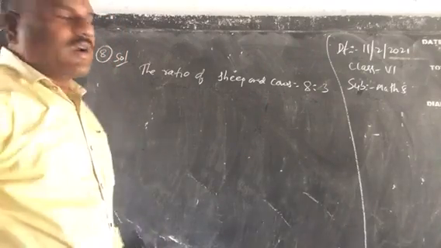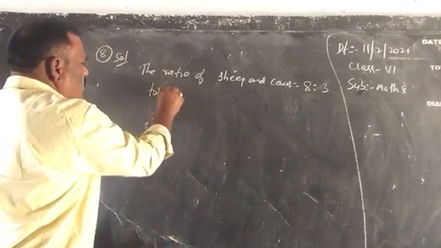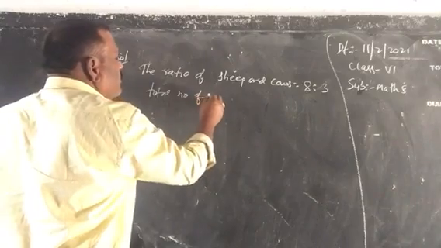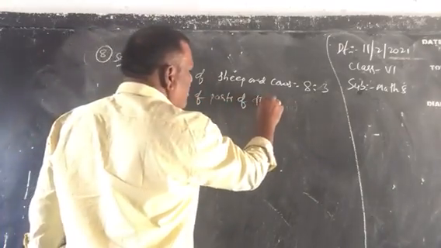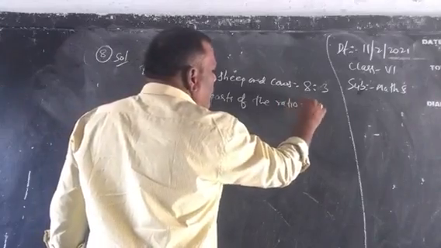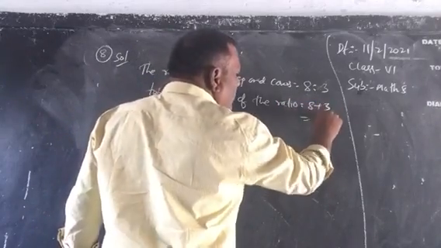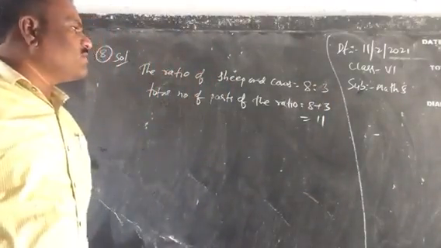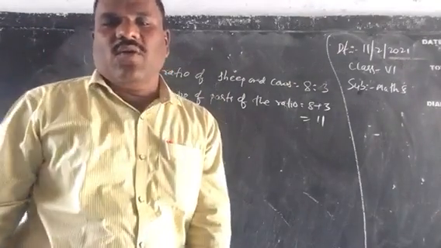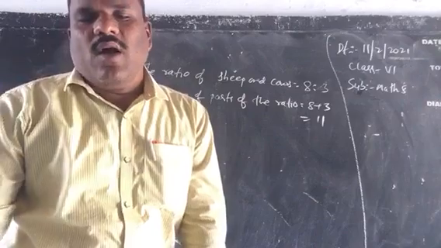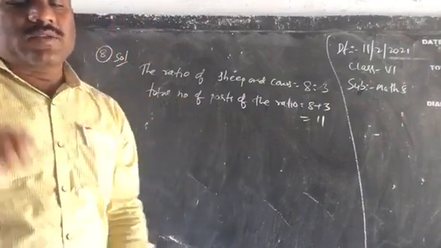Total number of parts of the ratio: 8 plus 3 equal to 11, children. Now the value of 3 parts.